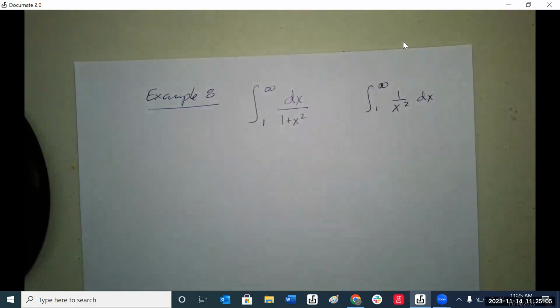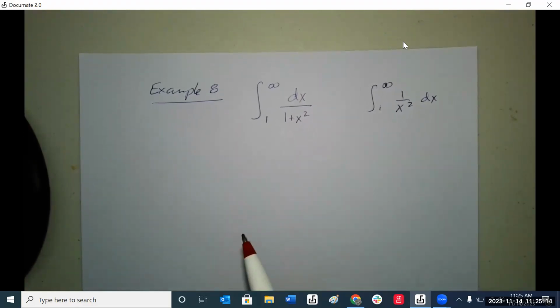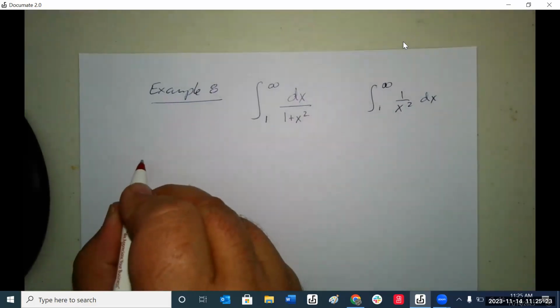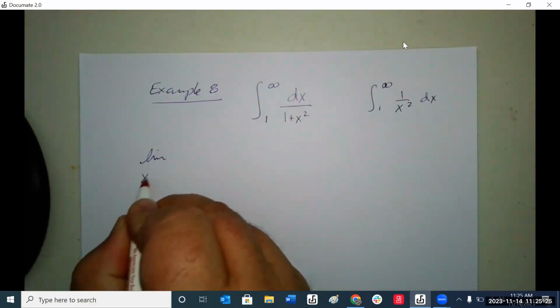Okay, that's what the example sheet says. So the limit comparison test. The limit comparison test does this.